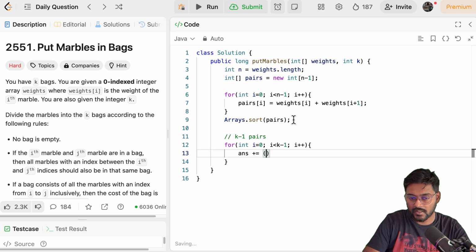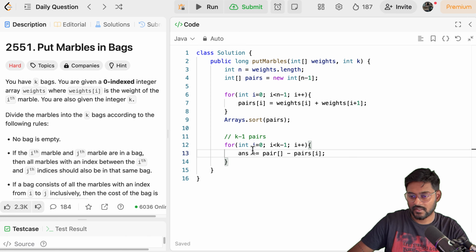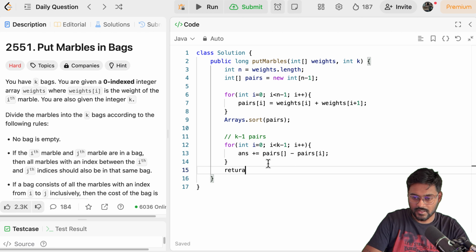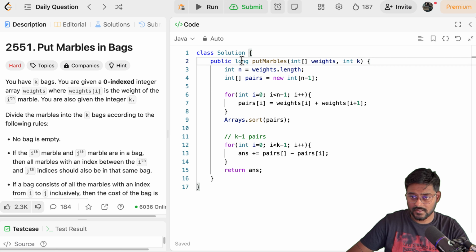The bigger part is at the right side, correct, and the smaller part is at the left side. The left side is definitely i because I'm starting from i, and you can just directly return the answer. This answer is in long format.